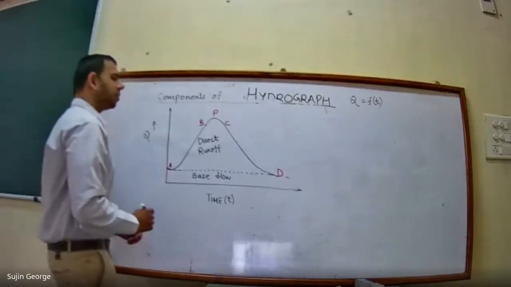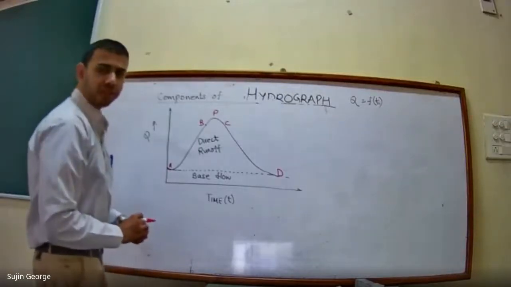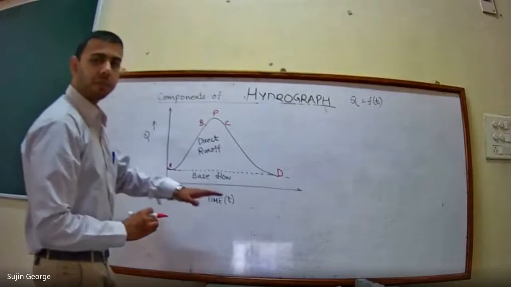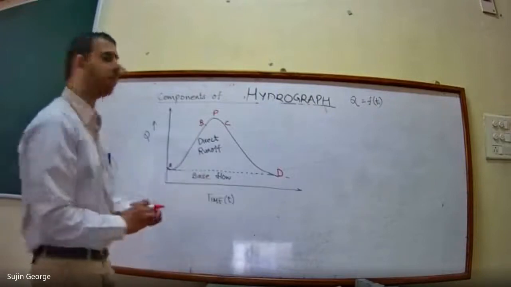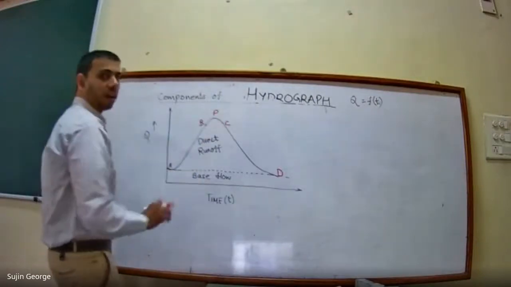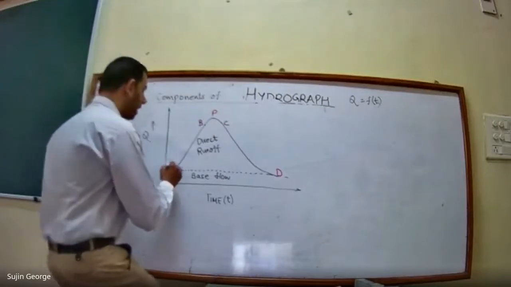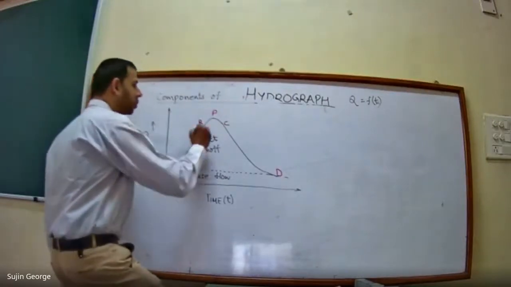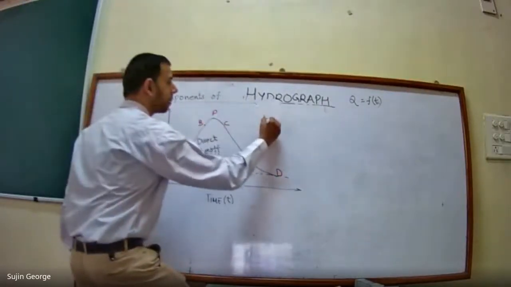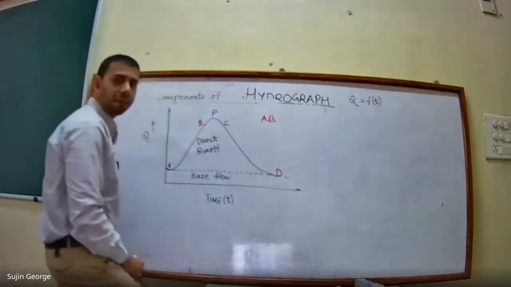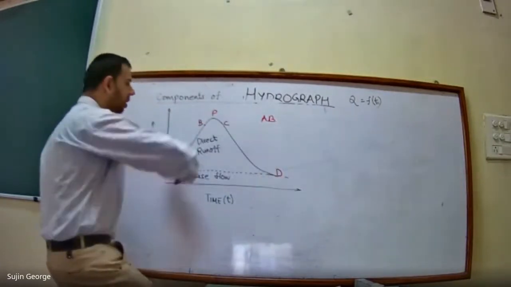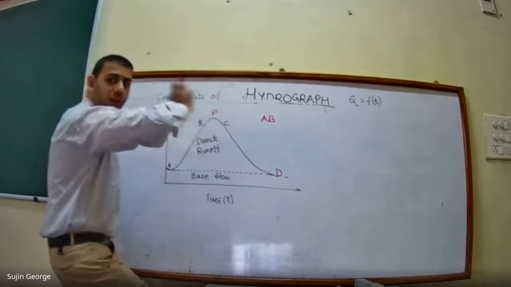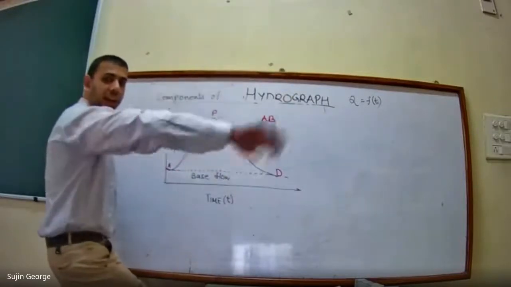Now you can see when precipitation happens, base flow will take place, and after base flow there will be the direct runoff. Direct runoff will be maximum at AB. At AB, it will move upwards because runoff is taking place at a higher level.